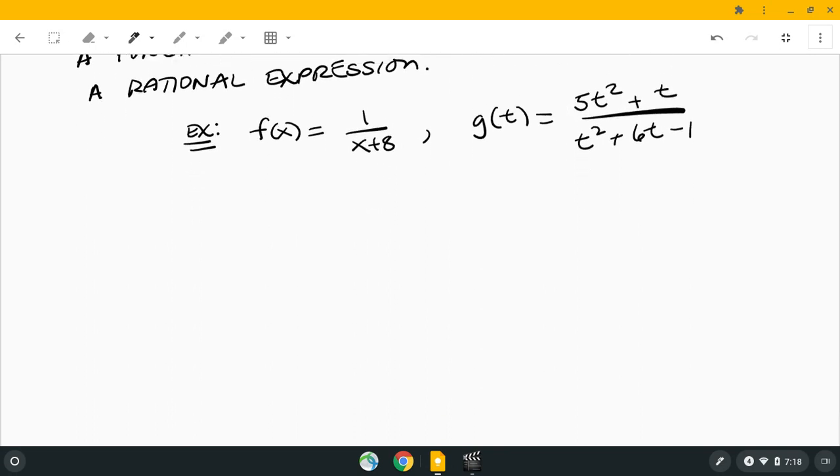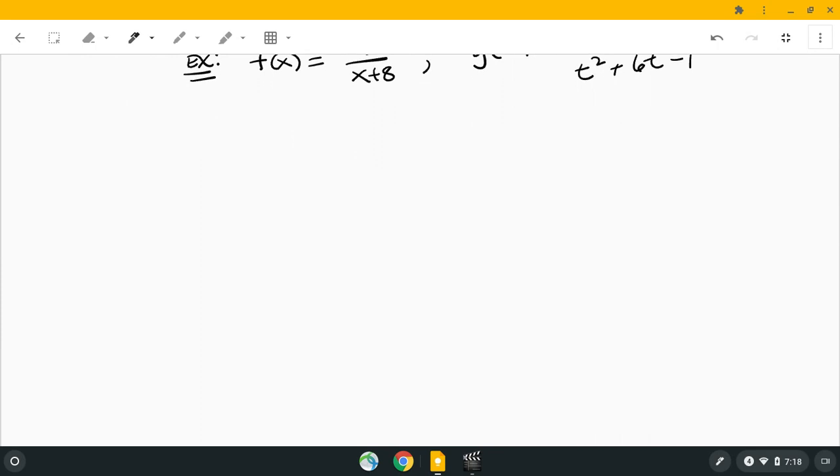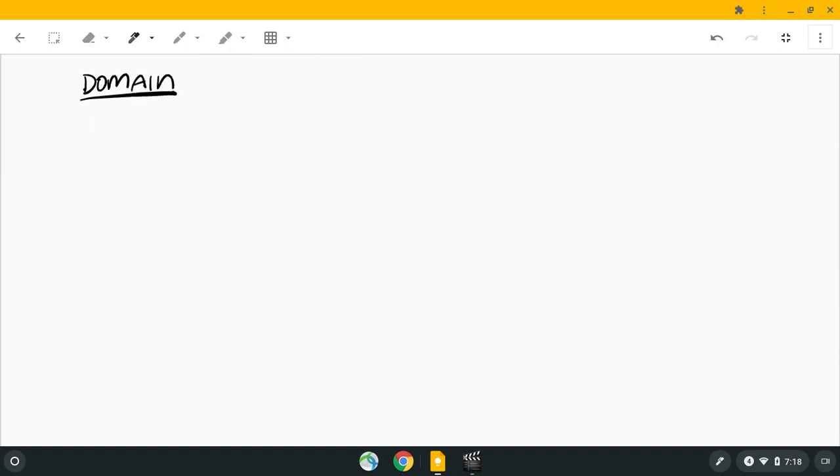Okay, so here, let's take a look at domain. Okay, so we've already looked at domain before. So let's take a look at this here. This is what you had before in terms of rational functions and the domain.